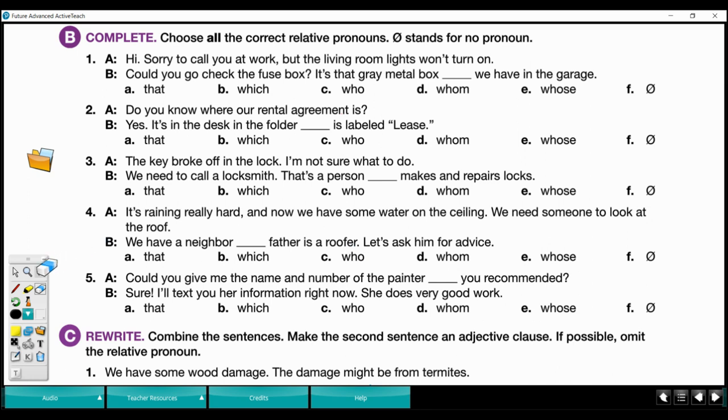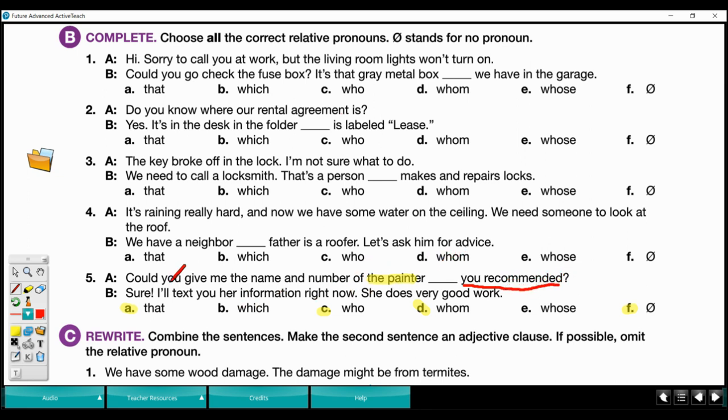Okay. Number five, "Could you give me the name and number of the painter?" So we're going to modify the painter. What painter? It can be the painter that you recommended, who you recommended, whom you recommended, or nothing. So why can it be any of those things? Well, here's my adjective clause, you recommended, and it has a subject and a verb.